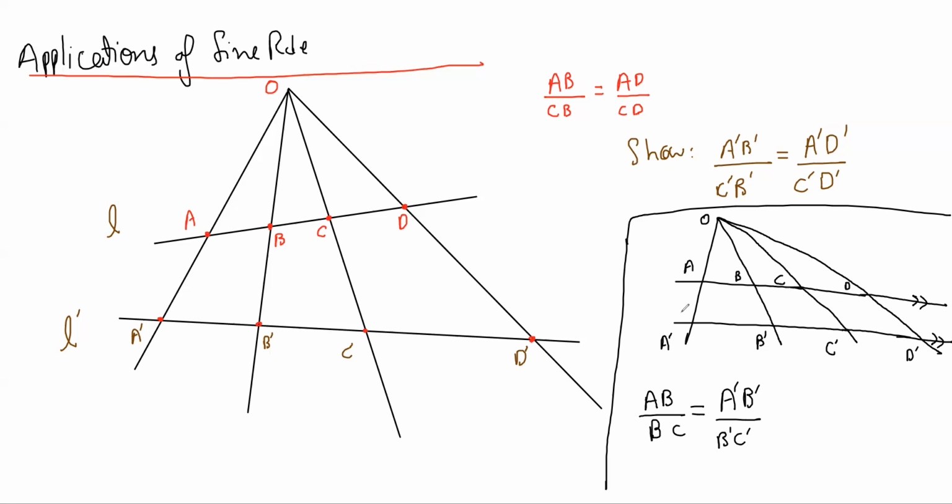If you write this in an exam, maybe you can lose some marks. So you can write AB by A prime B prime is equal to OA by OA prime, which is equal to OB by OB prime, and OB by OB prime connects them, and so on.